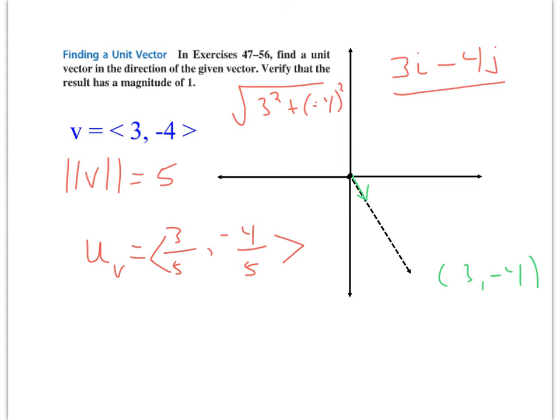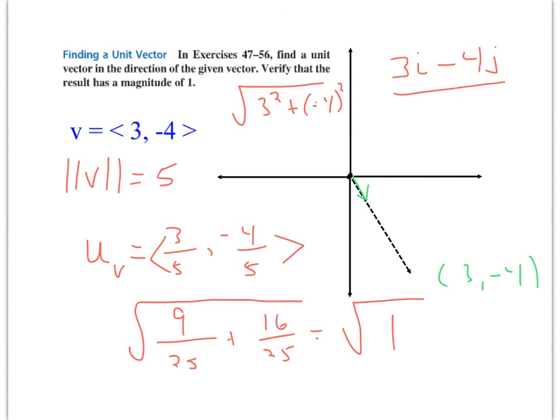It's 3/5, comma, negative 4/5. I can verify that the result has a magnitude of 1 by finding the magnitude of my resultant unit vector, which is the square root of 9/25 plus 16/25. 9/25 plus 16/25 is 25/25, which of course is 1. The square root of 1 is 1.